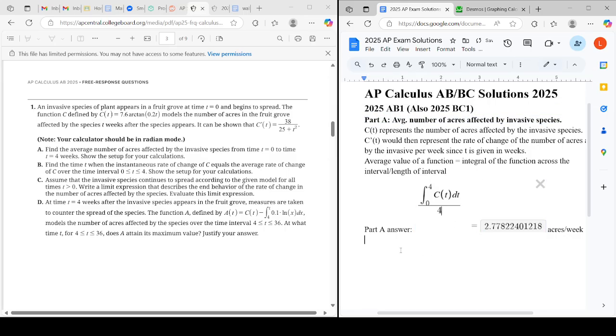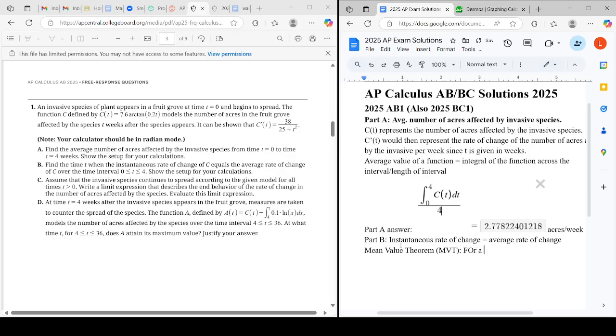So that's part A. Part B is asking us for where the instantaneous rate of change is equal to the average rate of change. There's a special existence theorem called the mean value theorem.